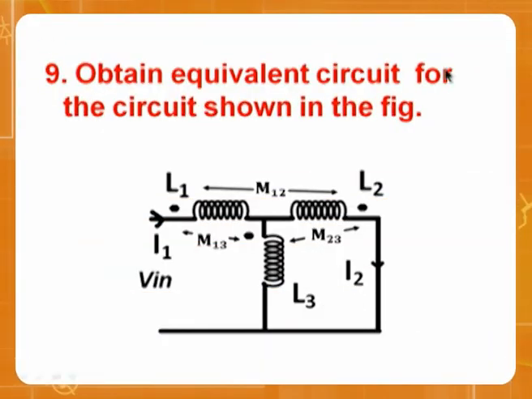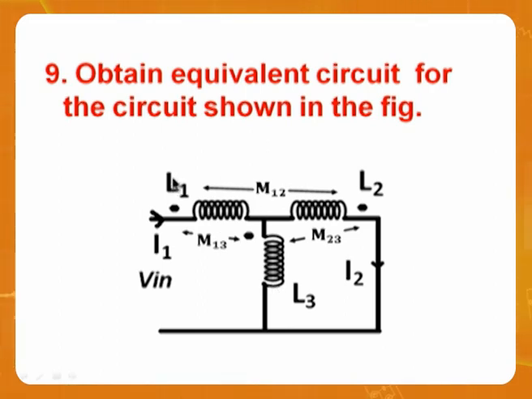This is about another problem. So let's go to the next problem, 9. I am complicating the problem. Obtain the equivalent circuit for the circuit shown in the figure. Why do I complicate here? First one 1 2 3, 2 3 1 2. So this is between first coil and third coil.